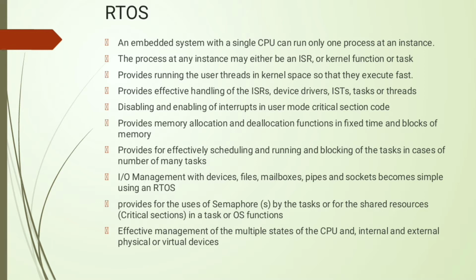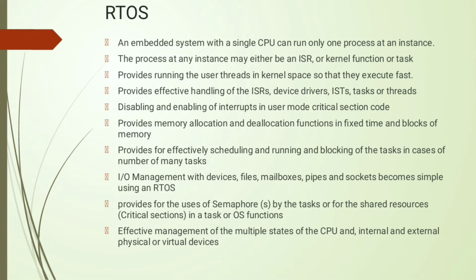If we are using an embedded system with a single CPU, it can run only one process at an instance. This process can be either an interrupt service routine, an ordinary task, or a kernel function. But if you are using an RTOS, we can run the user threads in the kernel space, and the advantage is that the execution will be faster.